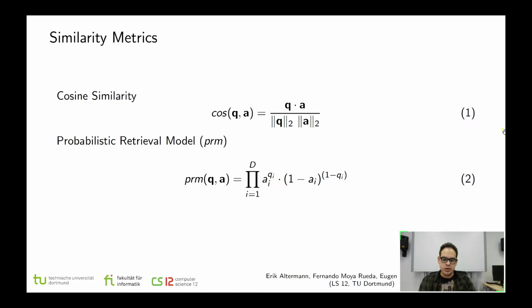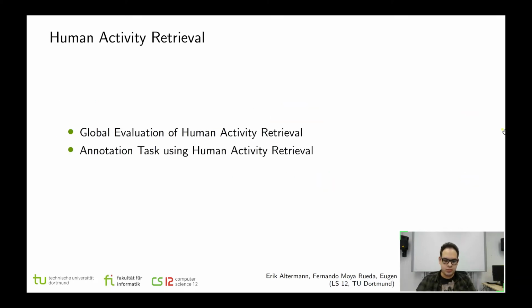For example, with the cosine similarity, you treat the semantic information as a vector in vector space, and you can compute the angle between them. Or you imagine that the semantic information is a random variable, or many of them, and you compute the probabilities that they are similar to each other.